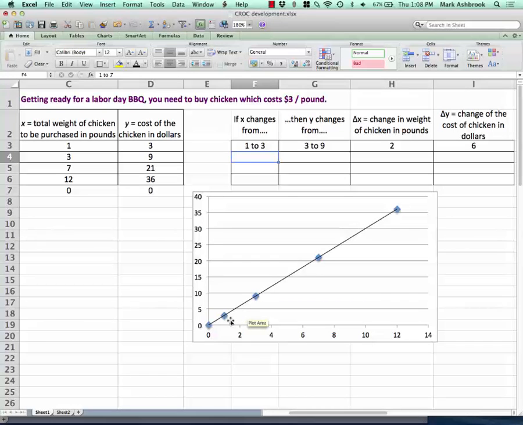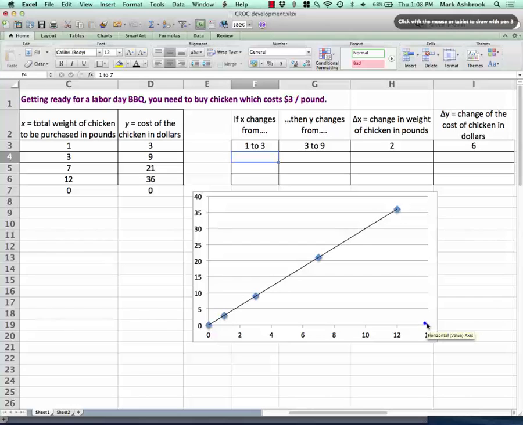Okay, so if we're changing from 1 to 3, if I start here, how can I illustrate that change? Yeah, so going which way? Up? So if I'm going to do a change in x from here, I'm going to go up. Is that right? Change in x goes this way. Just the change in x.